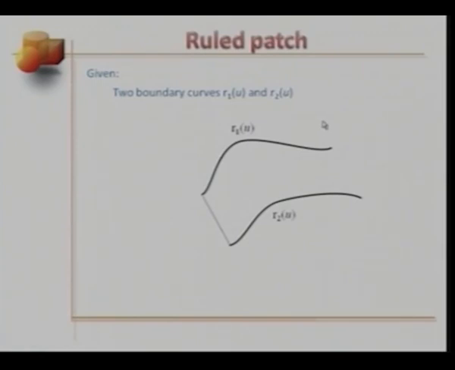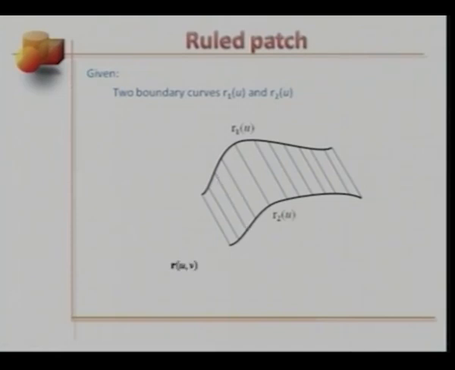One can perform linear interpolation between 2 corresponding points on the respective curves, like so. It's like sketching or drawing different straight lines joining 2 corresponding points of these 2 curves.